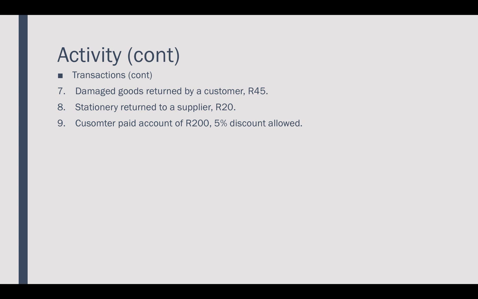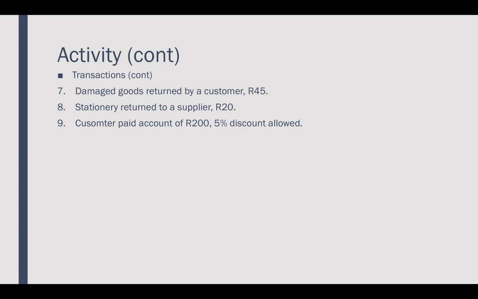The customer paid an account of 200 Rand with a 5% discount allowed. Now there's two parts of this. The first part is your customer is going to pay the account of 200 Rand. However, he is not going to pay the full 200 Rand. Remember that if a 5% discount is allowed, that means he's going to pay 10 Rand less.